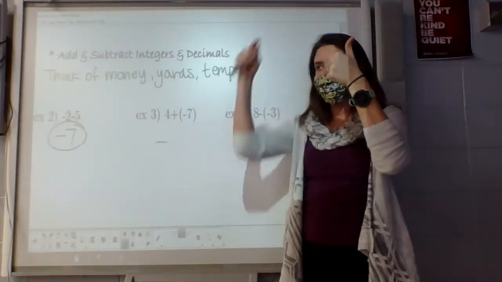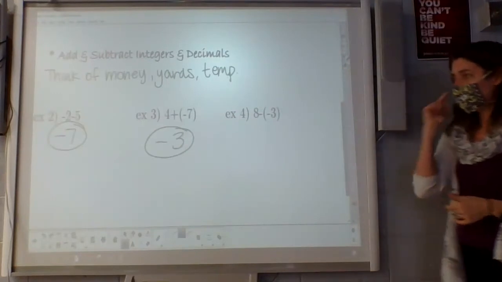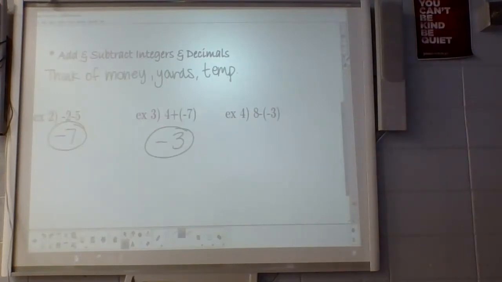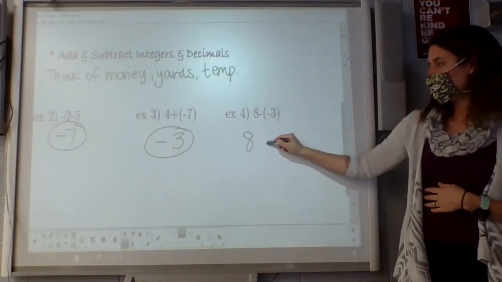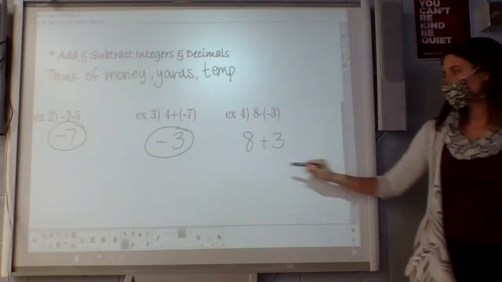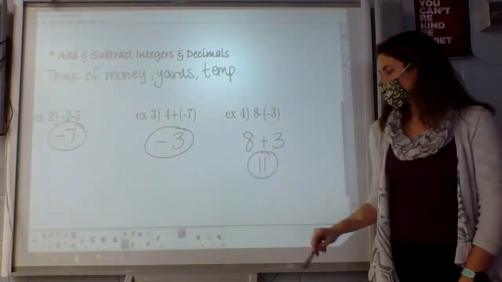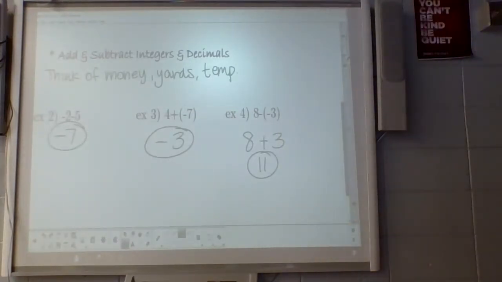You have $4, you owe 7, you still owe 3. And then those double negatives, the negative negative, I like to change that just to a positive. So 8 and 3 would just be 11. Great.